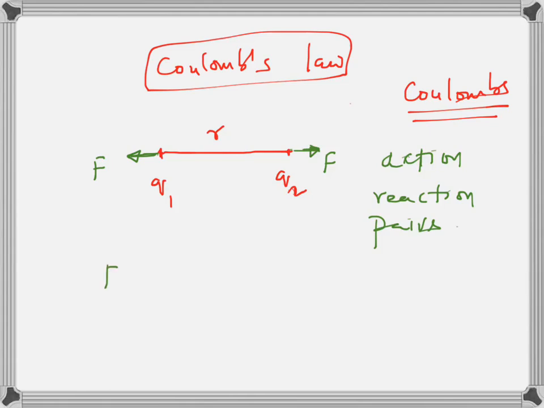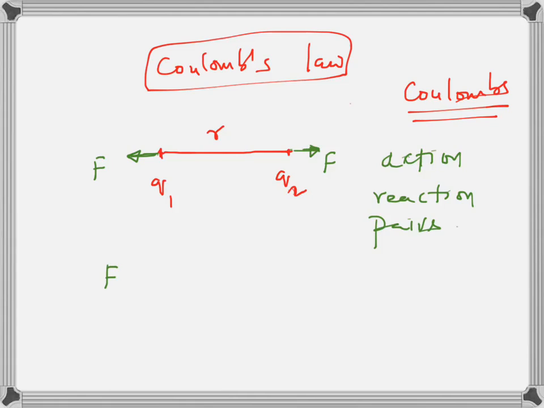F, the magnitude of force between these charges. This force is also on Q2, it is also acting on Q1. The force on Q2 is due to Q1, the force on Q1 is due to Q2. In fact, for there to be a force, there must be two objects. The interaction between two objects is called a force.